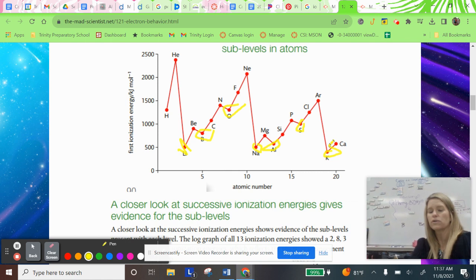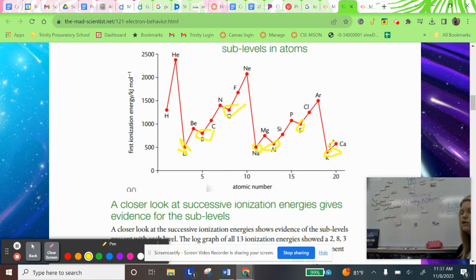Boron has 5 electrons, so it's going to be 1s2, 2s2, 2p1. That's boron. And then beryllium is just 4 electrons, so it's going to be 1s2, 2s2.